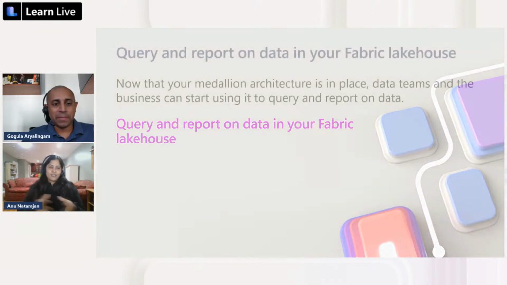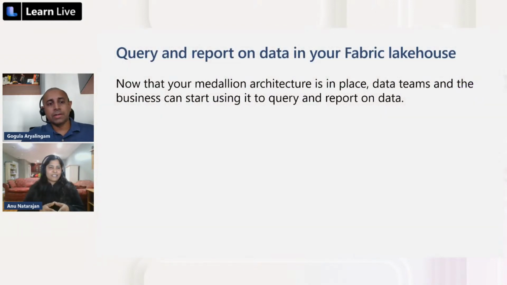Right. So once you organize the data in your different layers, the bronze and the silver and the gold, and the data is available in gold, it's all about everyone from your business users wanting to get access to that. Whether it's a data team or an end user working in the business, they will always want to query the data and then report on that data.